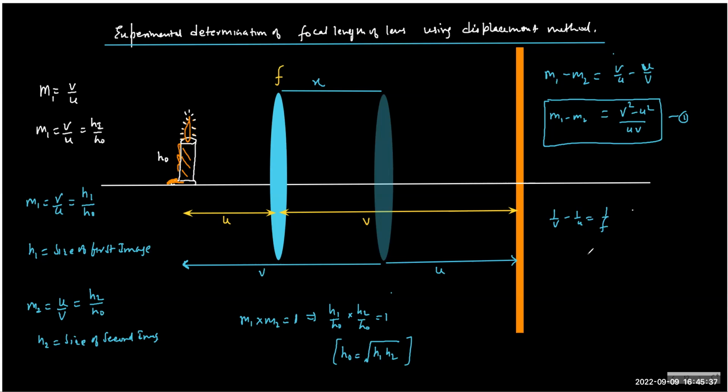So we want to use X somewhere. If U becomes U plus X... Sir, what are we trying to find? Yeah, I'm trying to relate F with X and M1, M2. The final answer will be, because this is the displacement method, so we have to use X to get F. So in a lab, you displace the lens to get the second sharp image.